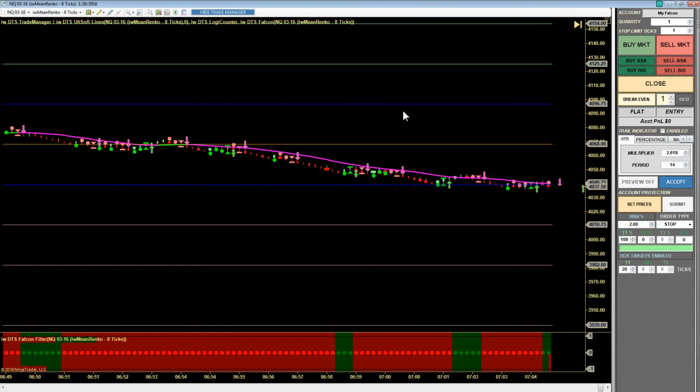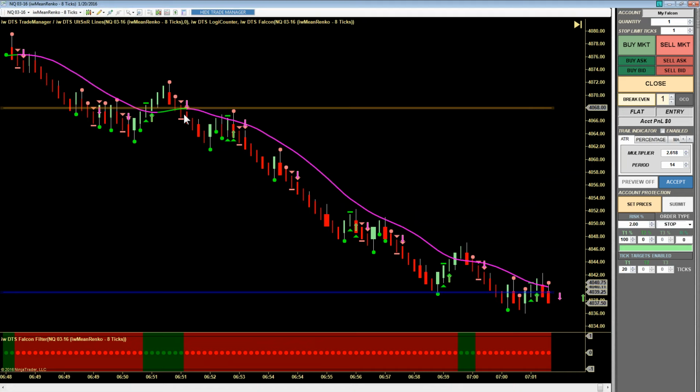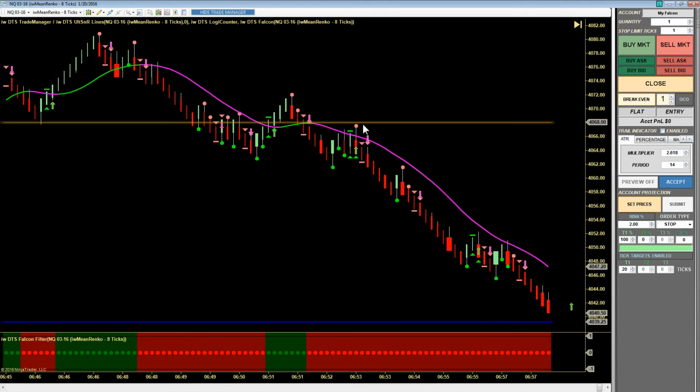But you can see that the support and resistance suite does a pretty good job of containing prices, or at least telling you where support and resistance is likely to occur. So here we get a trend change signal with the Falcon. The market comes down, comes up, bounces off the median line, produces a signal.